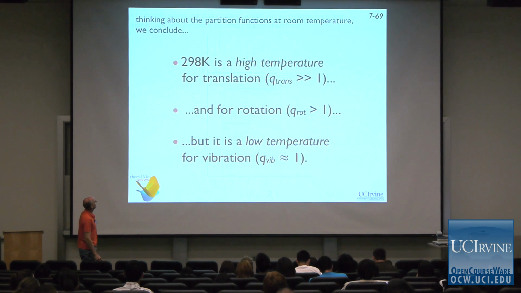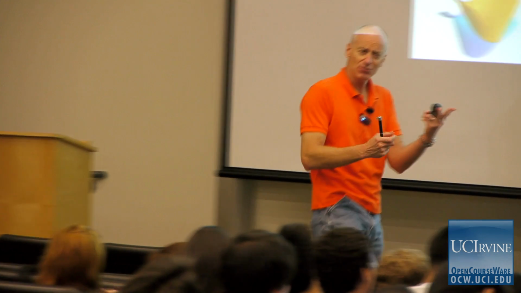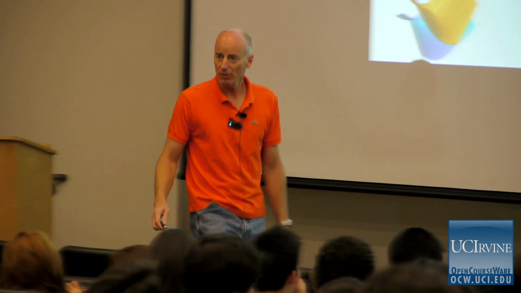So 298 degrees Kelvin is a high temperature for translation, a high temperature for rotation, but a low temperature for vibration. We want to keep that in mind. Lots of translational states, lots of rotational states, but in general, very few vibrational states are thermally accessible at temperatures near room temperature.